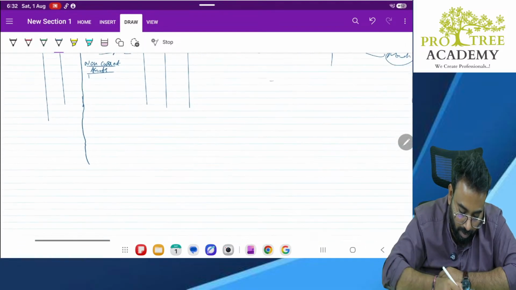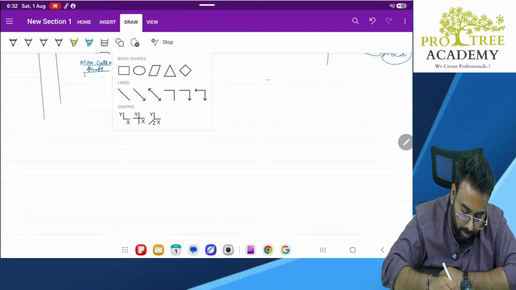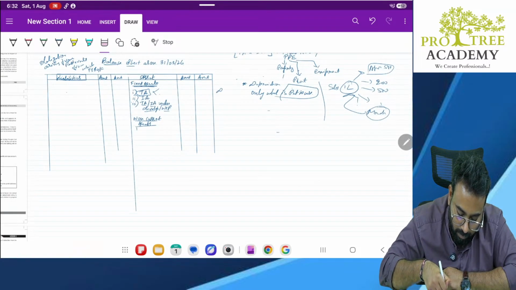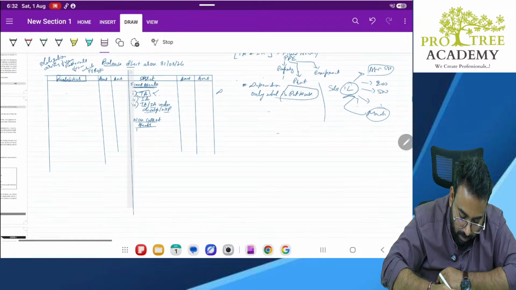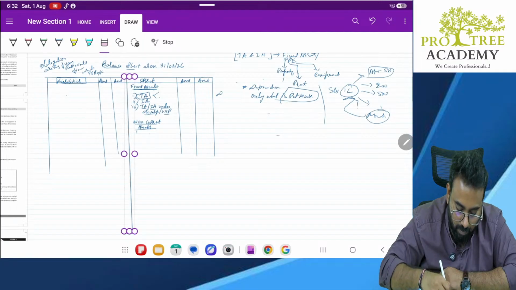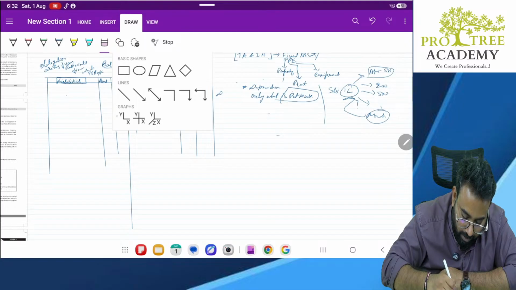Please explain what is non-current asset.